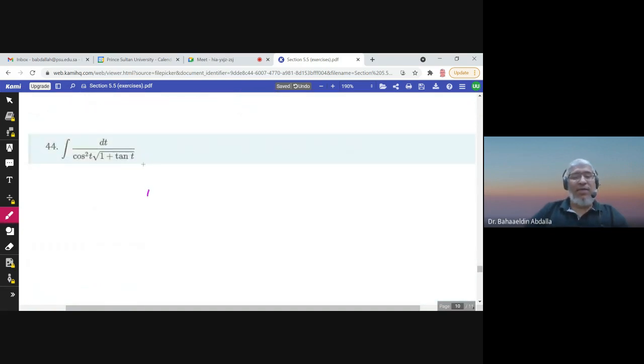I take here 1 plus tan t to be u. Du would be, the derivative of tan is secant square. Well, do I have secant square here? I have 1 over cosine square. And 1 over cosine square is actually secant square.